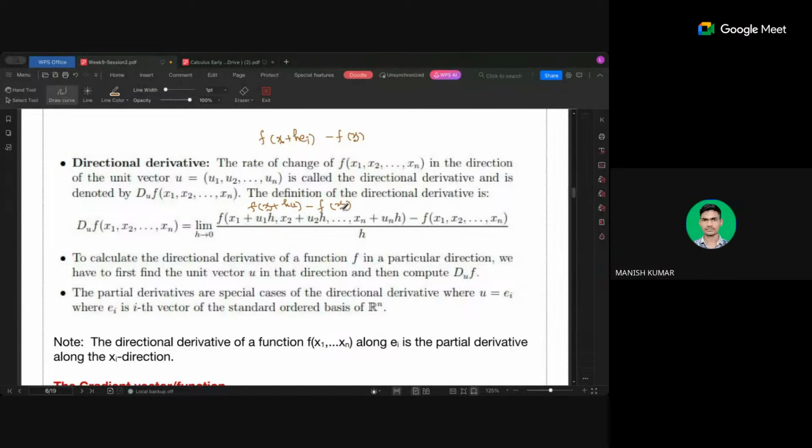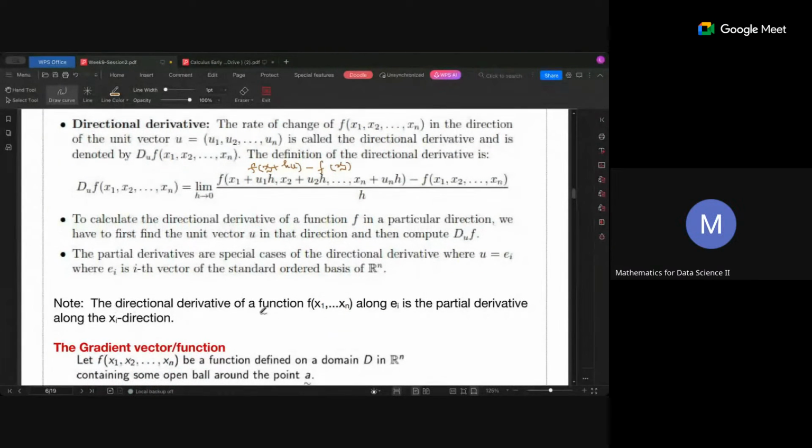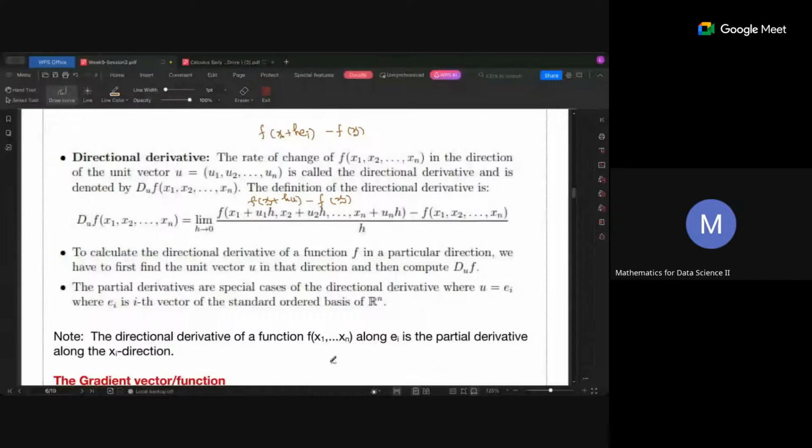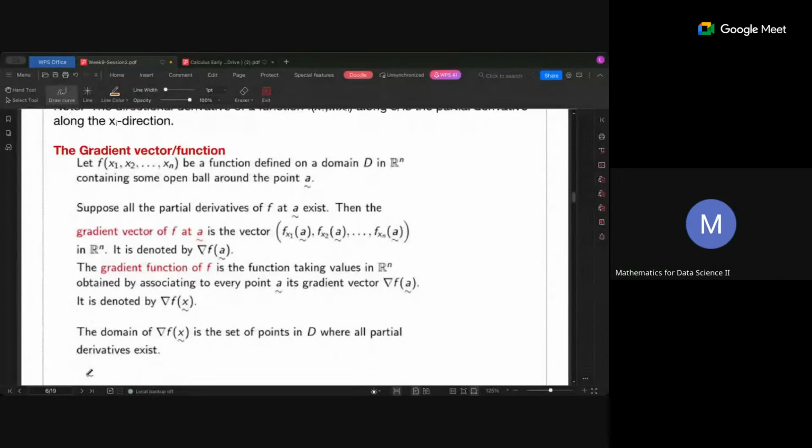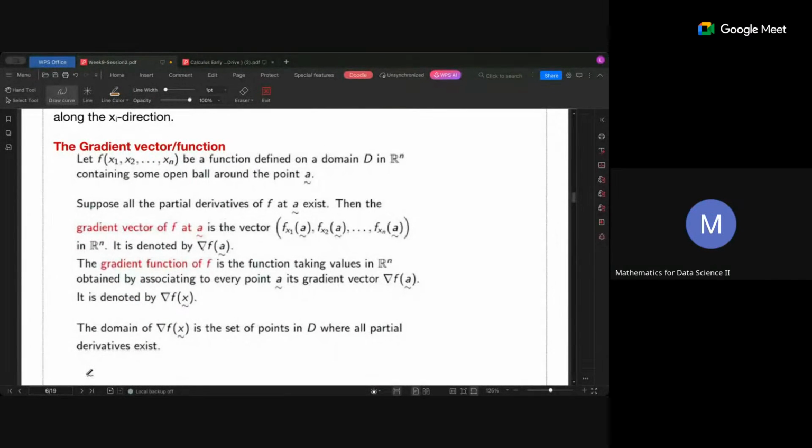Fine. So remember, the directional derivative of a function along ei is nothing but a partial derivative. If your u is ei, it will just become the partial derivative along xi. Okay. Remember that. And what is your gradient vector or gradient function?